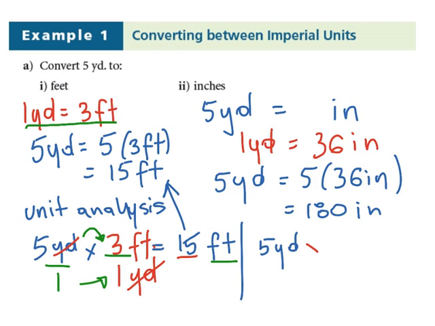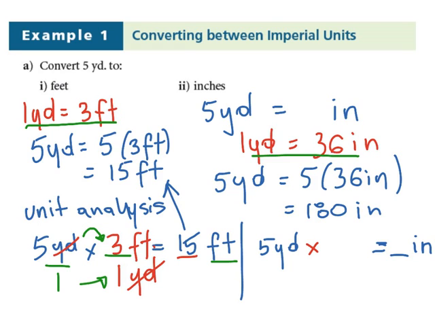We want to have the units of inches, so we have to set up a ratio to multiply. We can either put 36 on top as a numerator or as a denominator. We have to see.